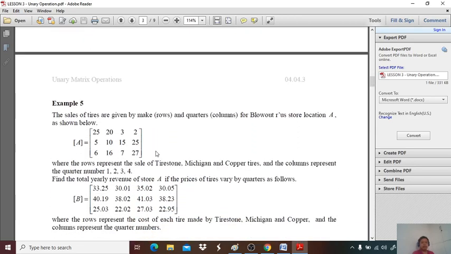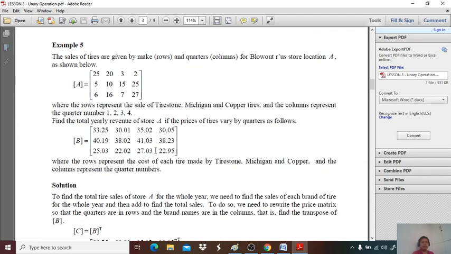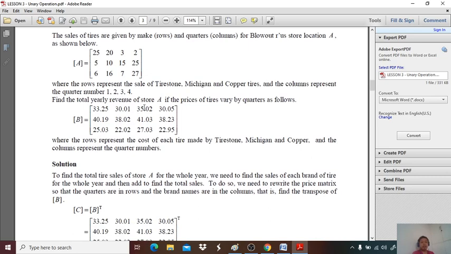Next, this is an example. We have the sales of the tires, given with rows and quarter columns, for the store location A. This is the representation of the sales of three different tires: the Firestone, Michelin, and Copper tires. The columns represent the quarters, so the sales in the first, second, third, and fourth quarter. Find the total revenue of store A if the prices vary per quarter.